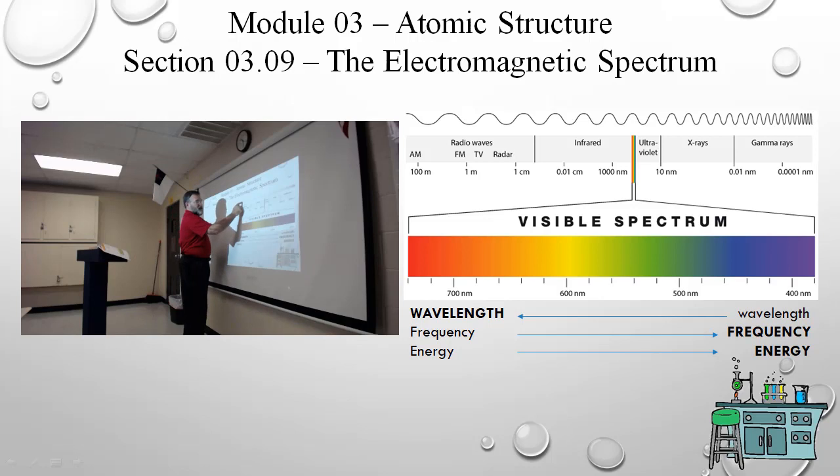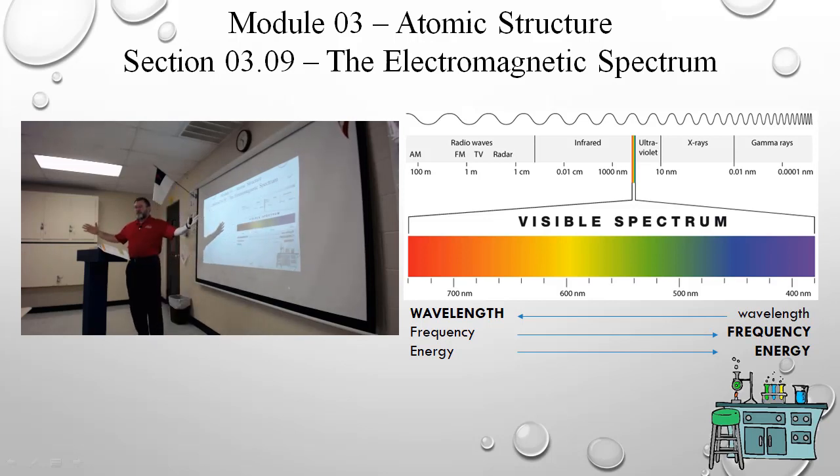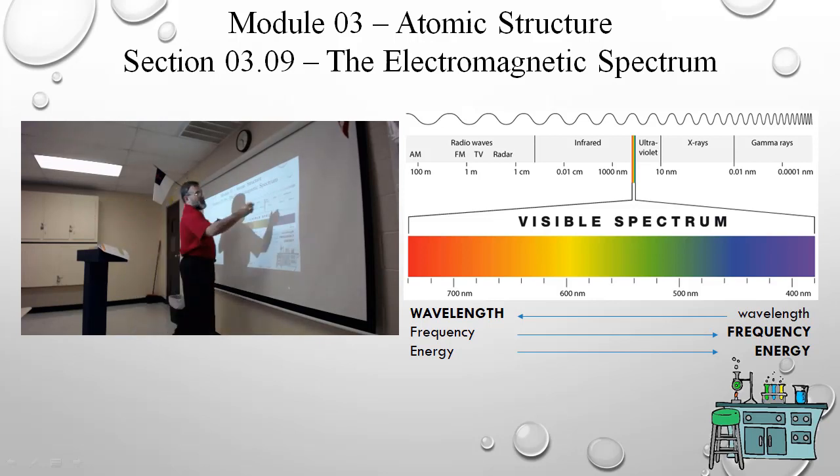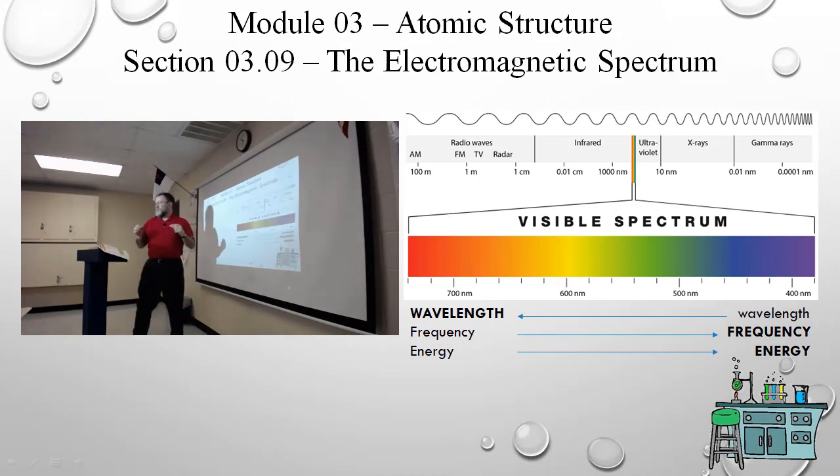It doesn't make as many oscillations per second. Long wavelength, small frequency. On this end, high frequency, and a short wavelength. So a larger frequency, smaller wavelength. Smaller frequency, larger wavelength. Those things are inversely proportional.